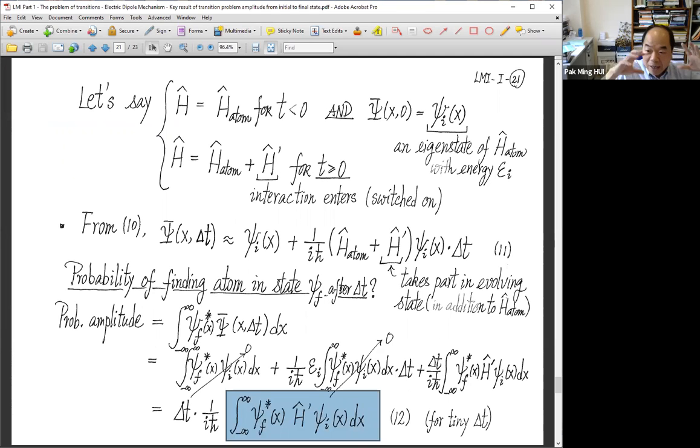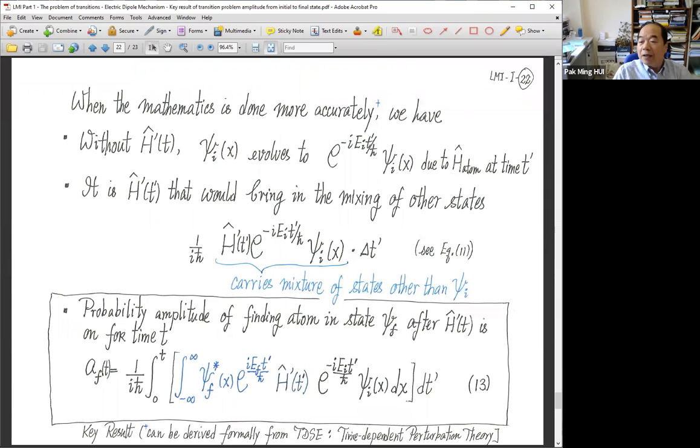Big concept here, but not very precise, but do you get the big concept? Any questions?